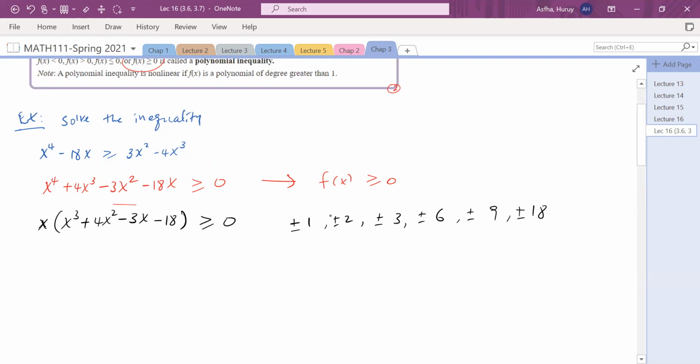I'm not going to follow all the steps here, just to save some time, but I have tried it earlier, and I know 2 is a zero of this polynomial.